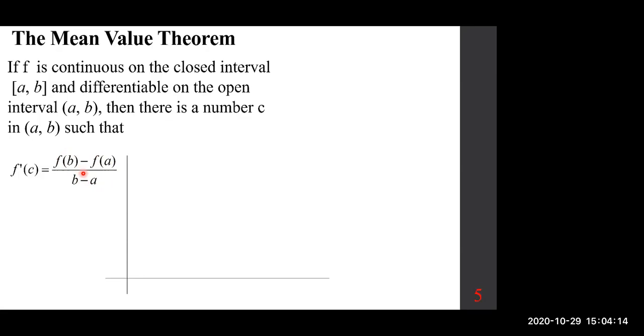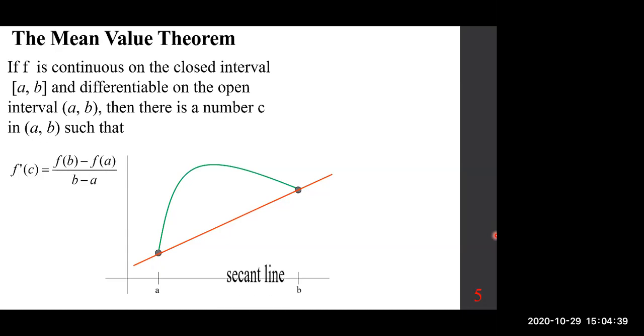So the idea is that if you have 2 points, A and B, class, connected, that creates what we call a secant line.